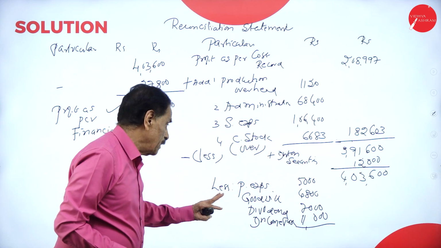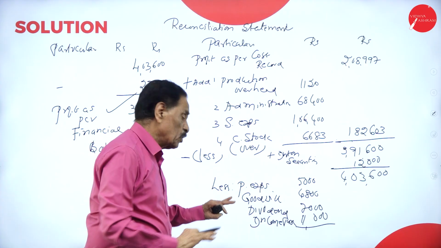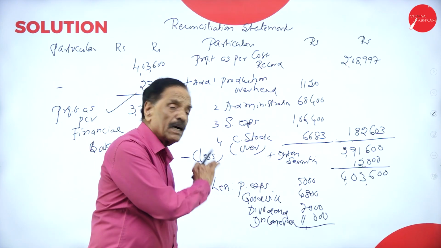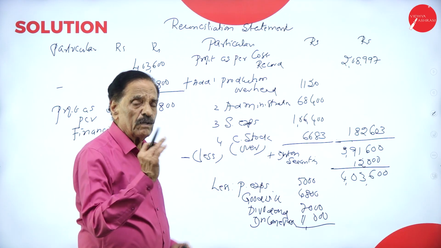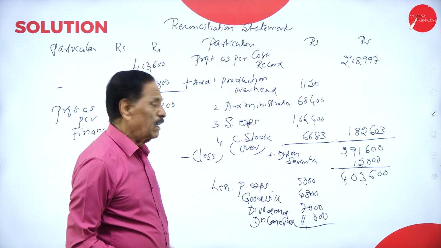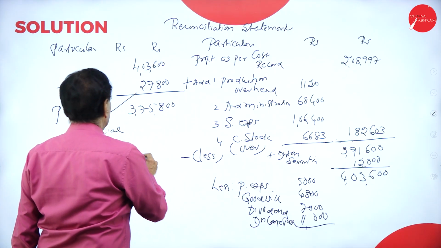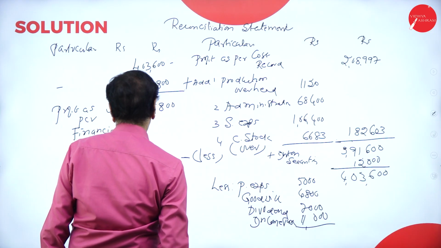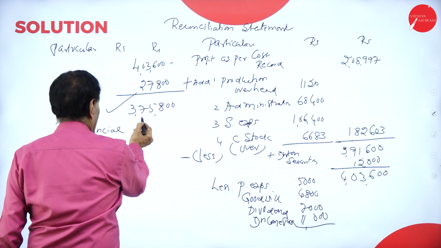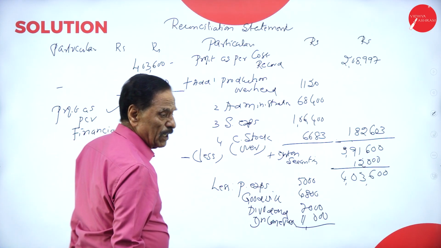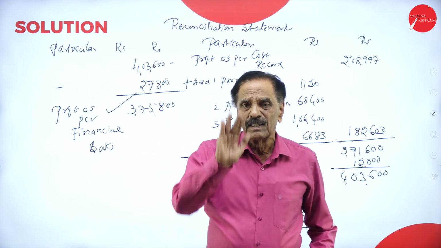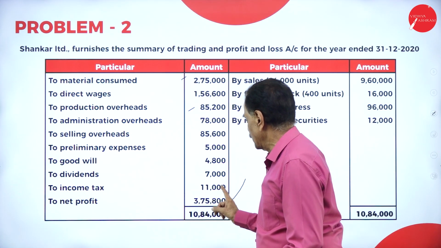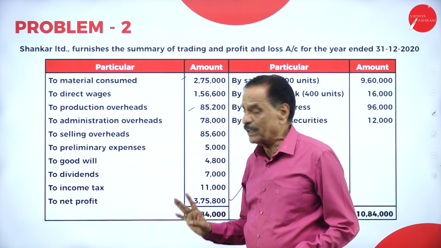Less preliminary expenses, goodwill, dividend and income tax, which are not charged in cost accounts but charged in financial accounts. All should be deducted, totalling 27,800. The profit arrived is 3,75,800 as per the financial record, so it matches.